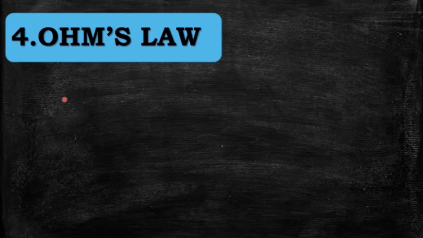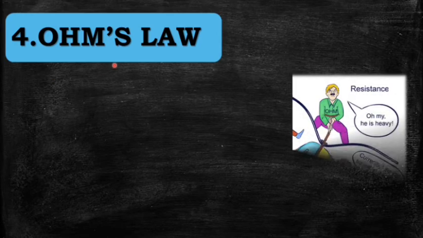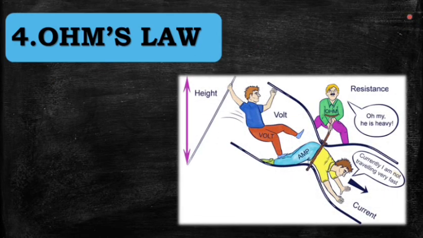The most important thing in the physics part of science is Ohm's law. Let us see what this is. Suppose this man with a blue shirt is a volt, this man with a yellow shirt is a current, and this man with the green shirt is a resistance.